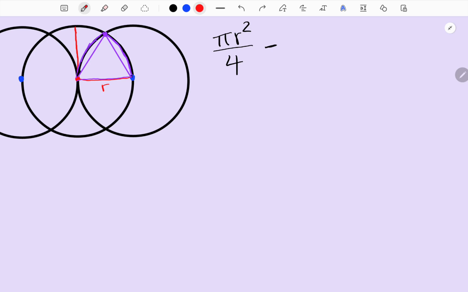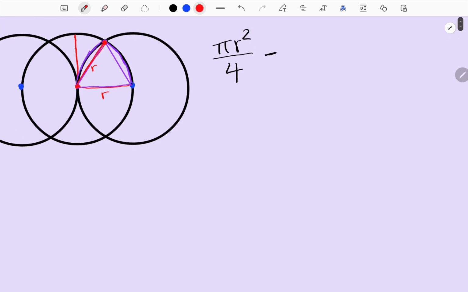From the red point to this point over here, this is also from the center of the middle circle to a point on the circle, so this is also r. Similarly, from this blue point to this upper red point, that's also from the center of a circle to a point on the circle, the same radius r, because these are congruent circles.